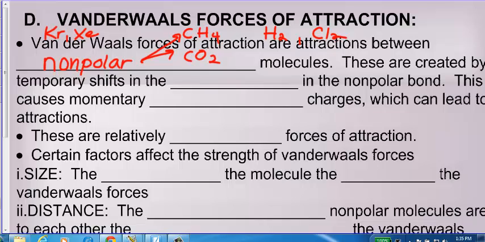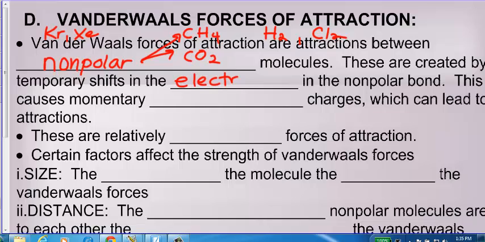So how do these come about? I mean, it's really easy to see how a plus is attracted to a minus, but how do these come about? Super abstract and confusing. But the way you get partial attractions between things that don't have charges is due to the movement of electrons.